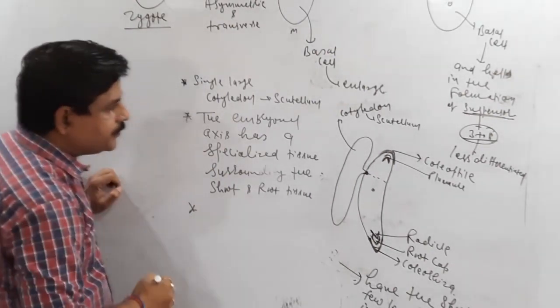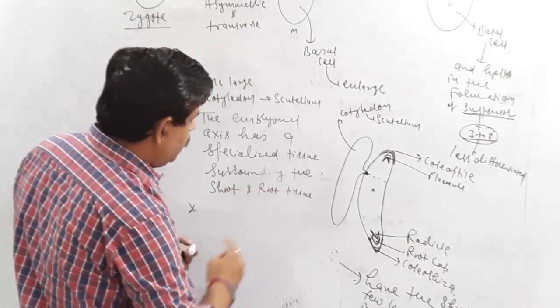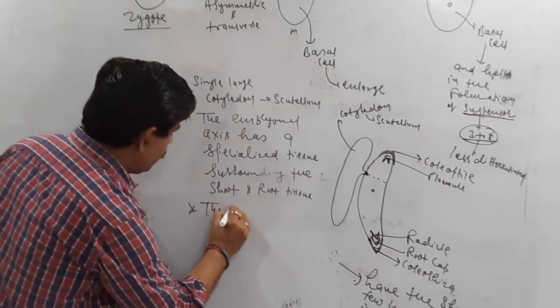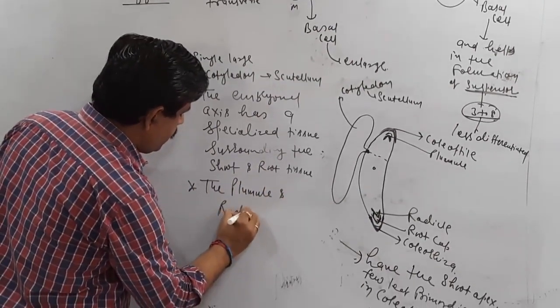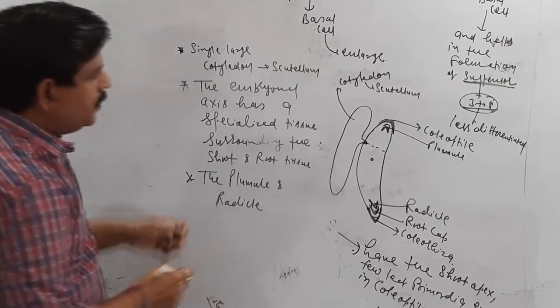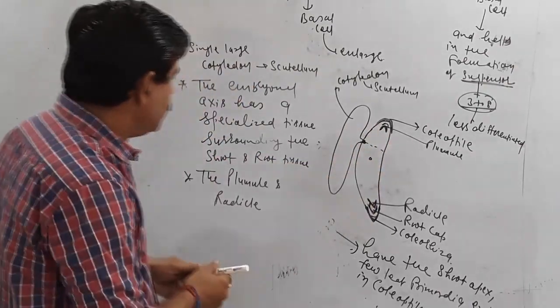Next point is the plumule and radicle. The plumule and radicle, these are lateral in position.